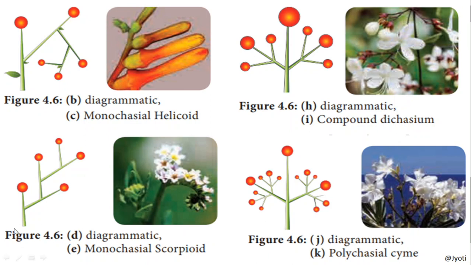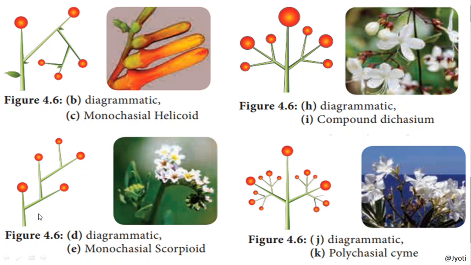But here you can see that the main peduncle or the floral axis is terminated with a flower. Then the younger flower is developed on the right side. Then the next younger flower will be developed on the left side. Then again on the right side, then again on the left side.